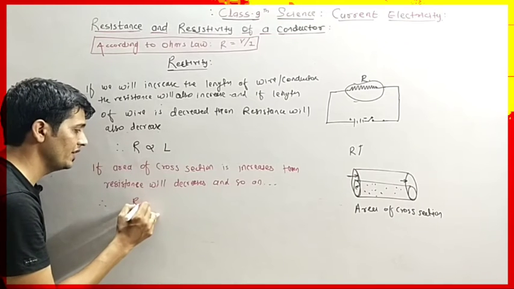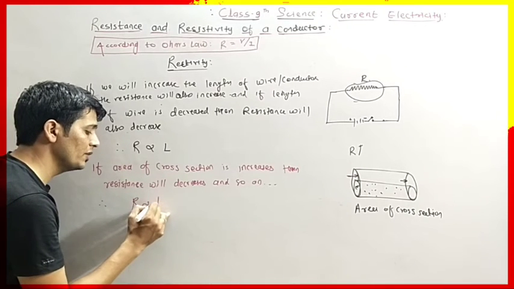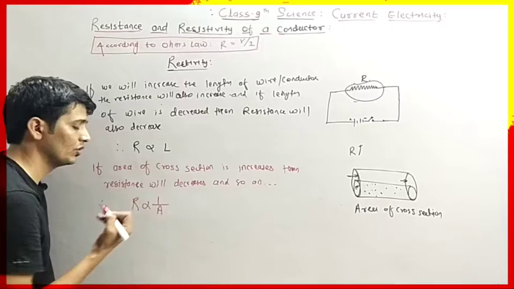So here we write R is inversely proportional to area of cross section.